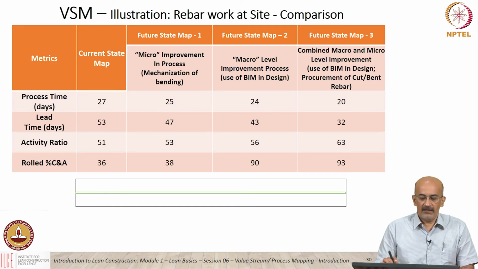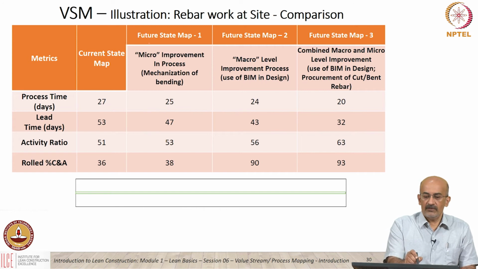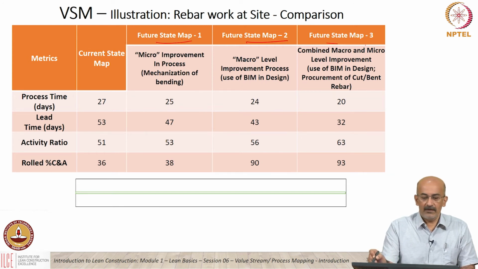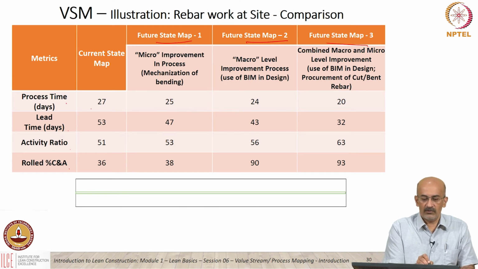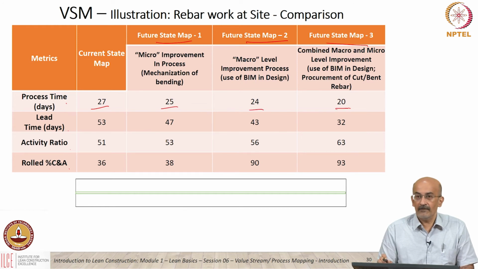If we look at the summary, it talks about future state 1, 2, 3: the process time, lead time, activity ratio, and the percentage complete and accurate, with all the values we discussed in each of these maps. You can see that with each future state there has been improvement. Current state was 27 for processing time, then 25, 24, 20.